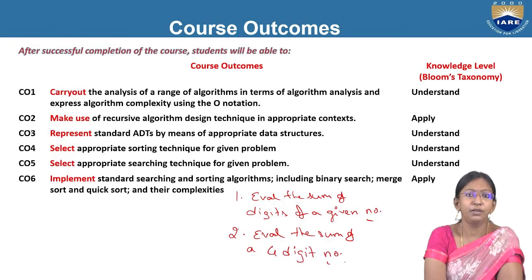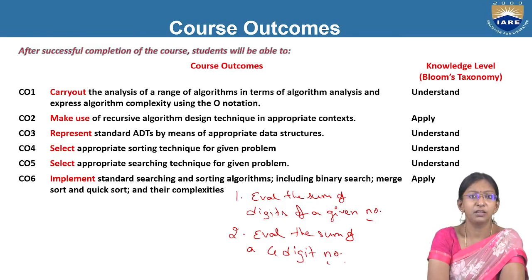So when you look in a broader sense, these two questions are similar. What you are doing, you are reading a number and you are calculating the summation of the digits within the number.